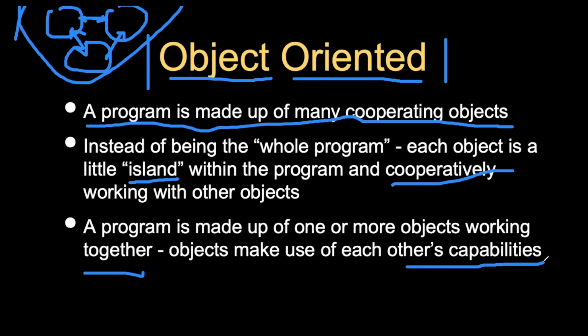You see what I'm saying? So it is very possible that you can have hundreds of objects at runtime working collaboratively, or cooperatively, to achieve something. And as a developer, your job is to make sure that these objects are instantiated, meaning created, at the right time, at the right spot, and that they're made use of efficiently, making use of each other.